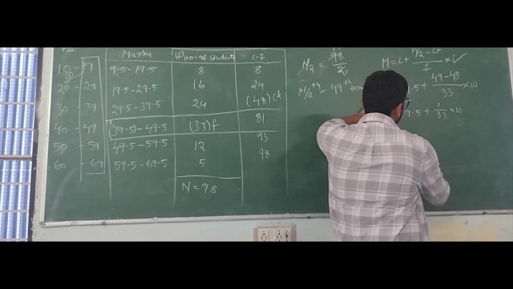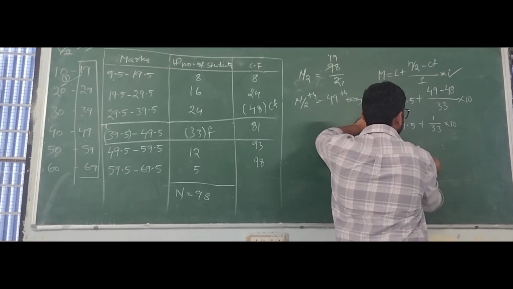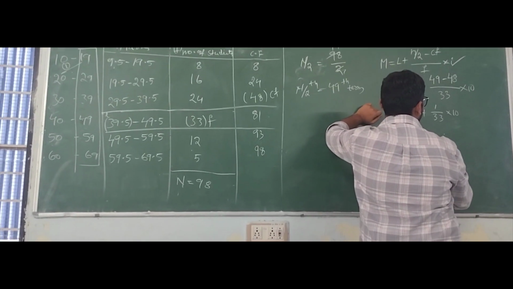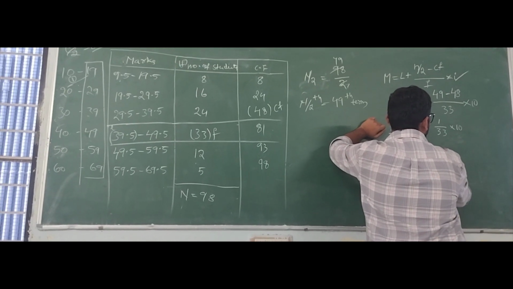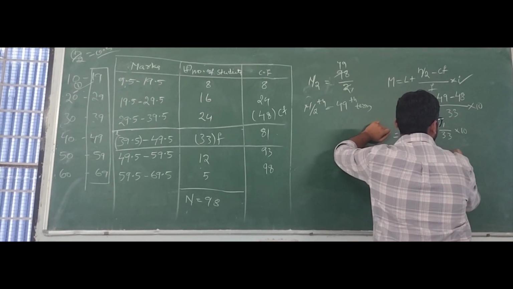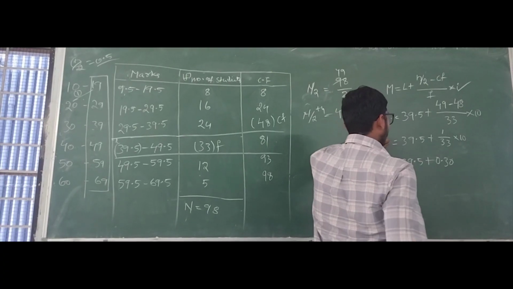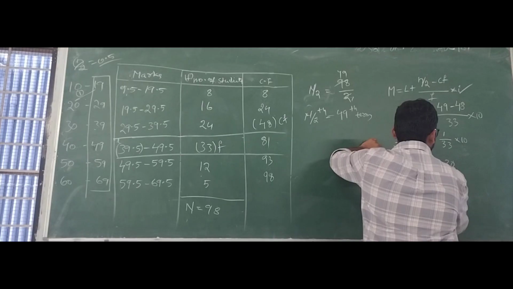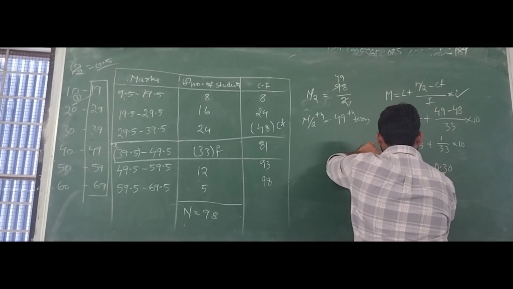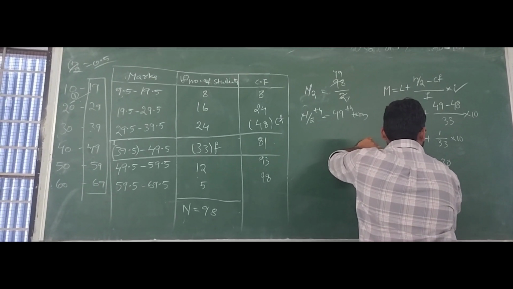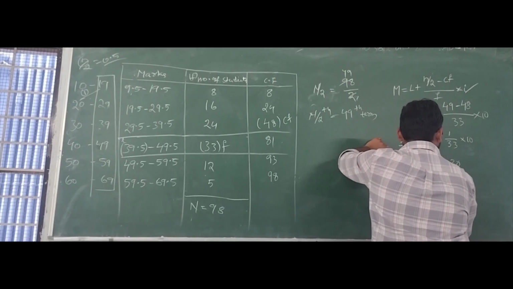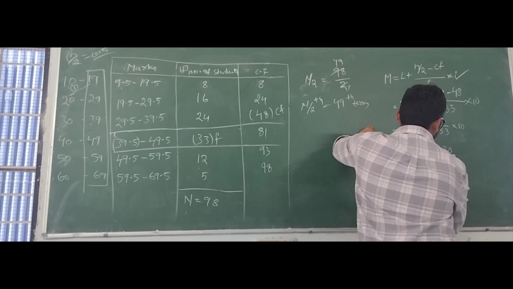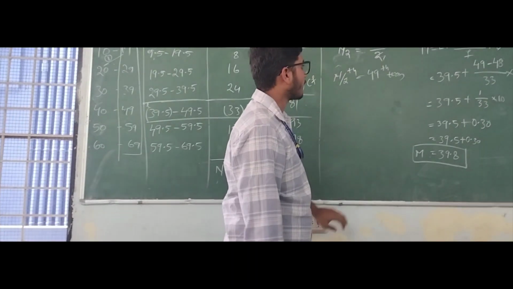What is the value? 39.5 plus 0.3 is 39.8. This is the median value we find from this formula.